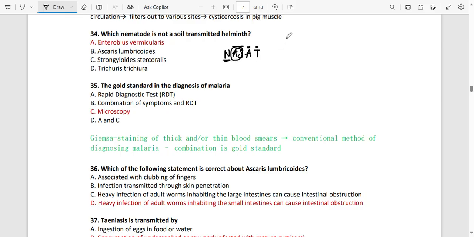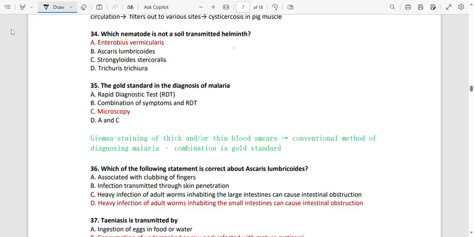So you just put H with here, but there is no other A. Anyway, the NASAT is just fine there that we can know. So Enterobius, you can see it's not part of those, so it's not.